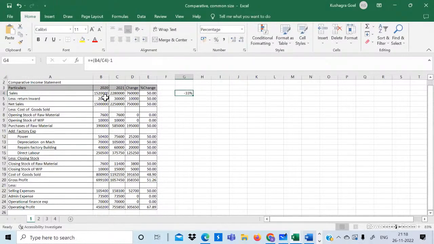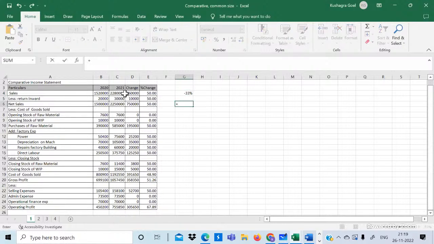Tell me, have your sales gone down or your sales have gone up? Abid, have your sales gone down by 33% or has it gone up? Gone up. So I can't take B4 by C4. If I do this divided by this and then do minus 1, it makes sense, because now I'm using that formula of compounding.